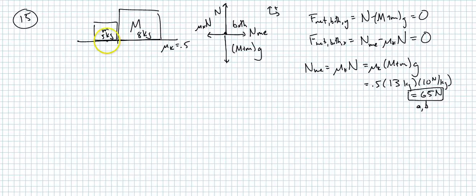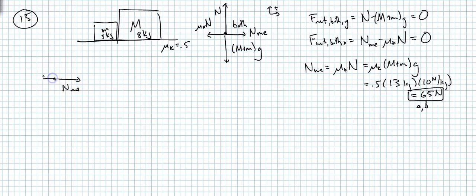So let's do that. Let's look at these two separately. So let's look at little m. Let's say I'm pushing to the right. So normal force of me, which we know how big it is actually now. It's mu sub k times (m plus M)g.